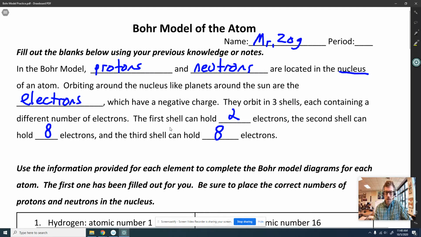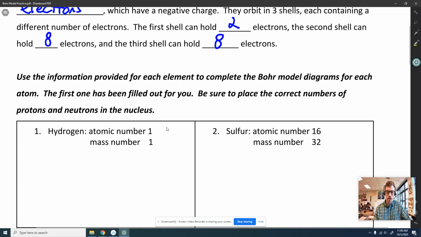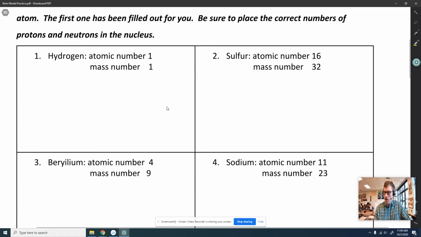So let's do a couple examples of how to actually draw some Bohr diagrams, and then you're going to be completing the rest of this worksheet on your own. So remember, for all of this, we need to first be able to know our numbers of protons, neutrons, and electrons. And once we know that, we'll be able to actually draw the Bohr model.